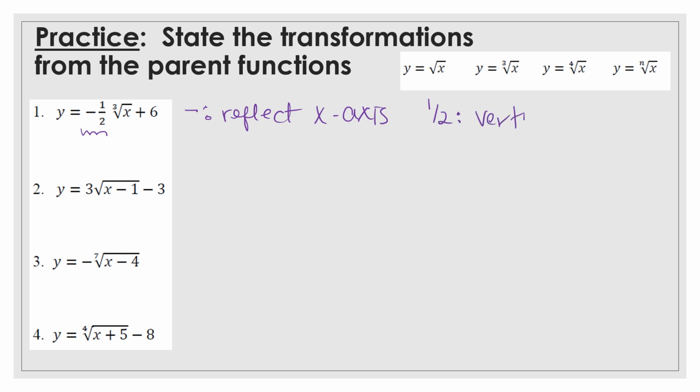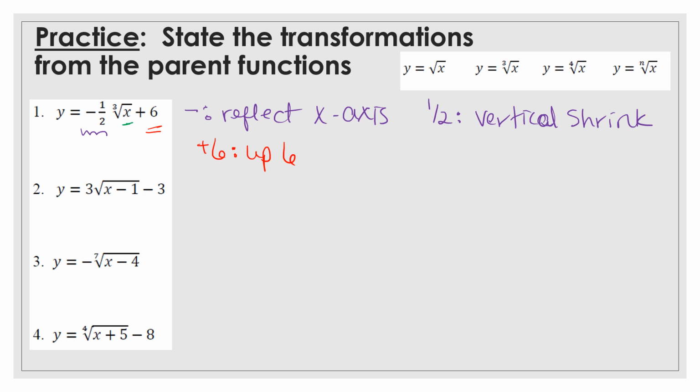That tells us that we have a vertical shrink. So it's not growing as fast as it normally would. There is nothing underneath the radical to go along with the x, so no shift left or right, but on the outside it does have a positive 6, so that plus 6 tells us to move up 6 units.